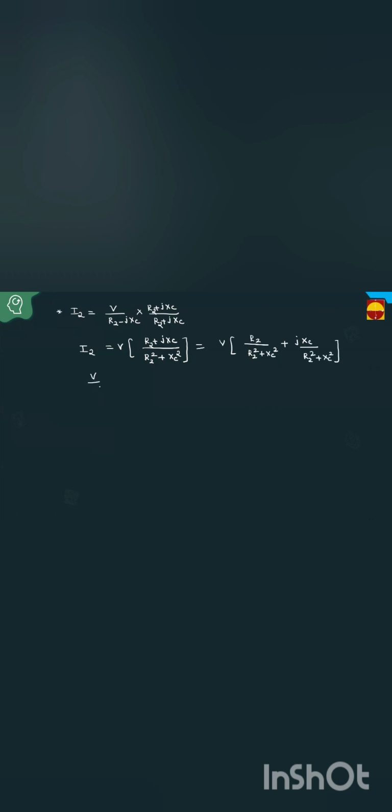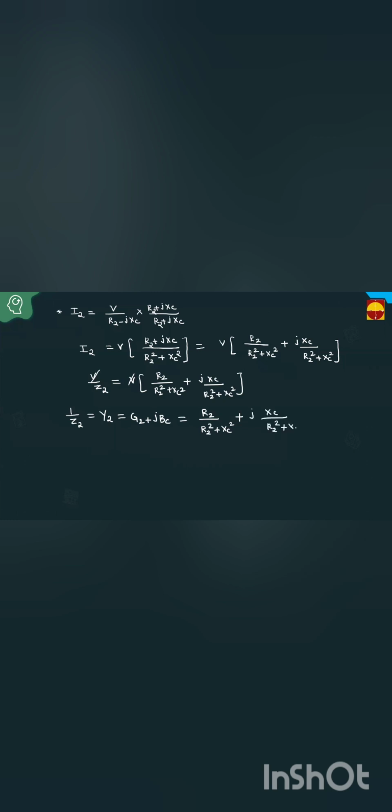Then I2 I am writing as V by Z2. V cancels. That is 1 by Z2. 1 by Z2 equal to Y2, which equals G2 plus JBC, which is R2 by R2 square plus XC square plus J into XC by R2 square plus XC square.